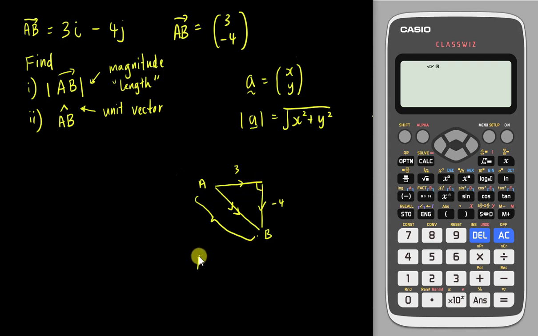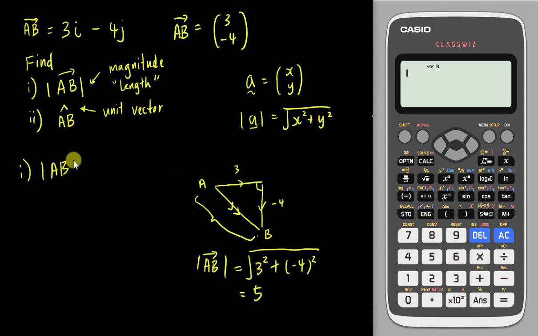So the magnitude of AB, I will basically do 3 squared plus negative 4 squared, and then square root it, I will get 5. So therefore, the answer for part 1, the length or magnitude of vector AB, is basically 5.